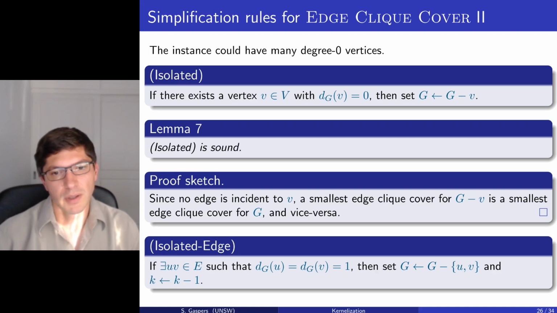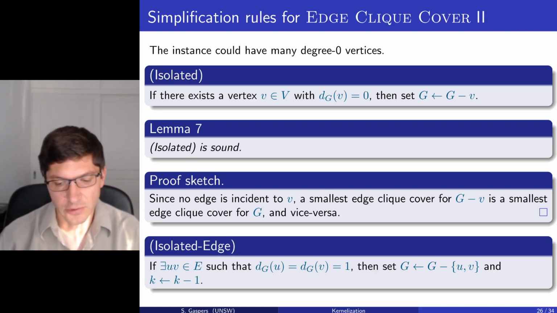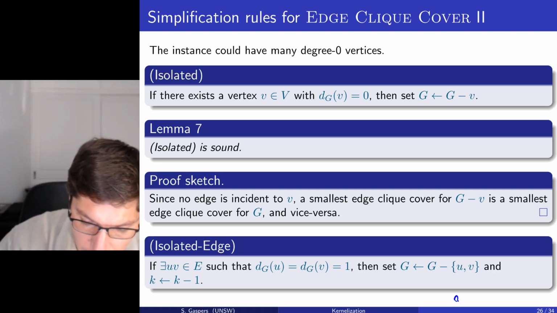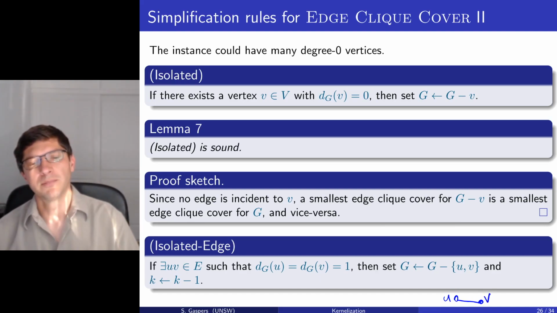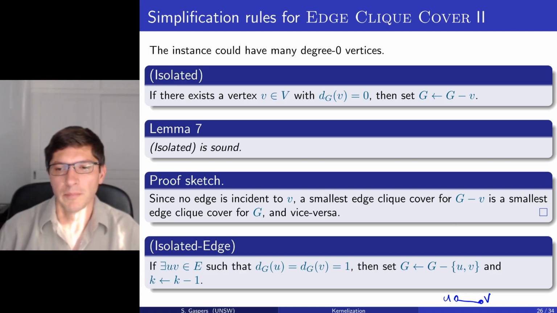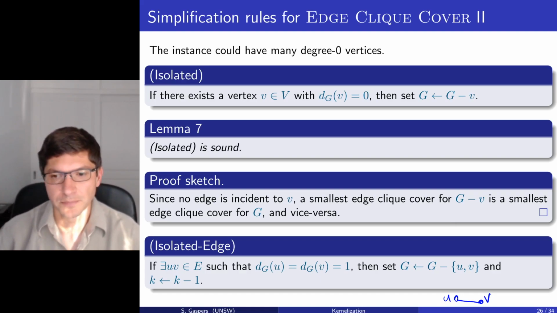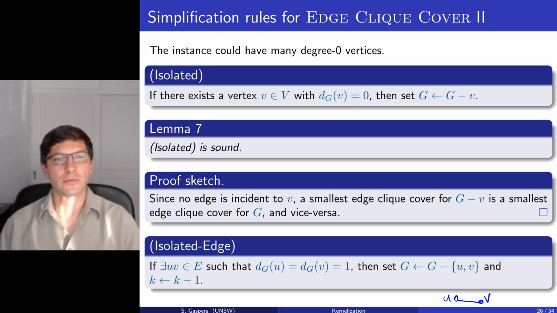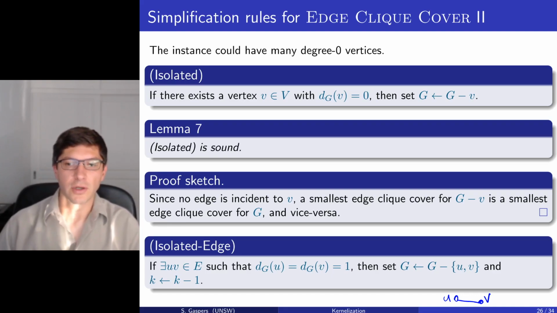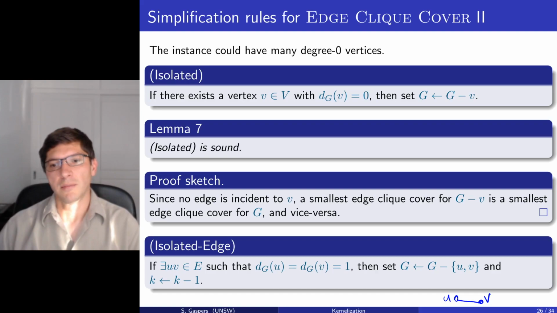If there are two adjacent vertices with degree 1, so we have two vertices U and V, both of them have degree 1, so there are no other vertices adjacent to U and V. In that case, we cannot do what I just proposed, which was to delete one of the two vertices, solve the instance for the other one, and, let's say we deleted V, in the end add V to all the cliques that contained U.